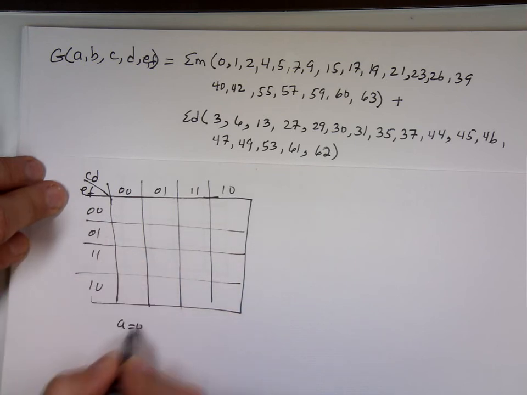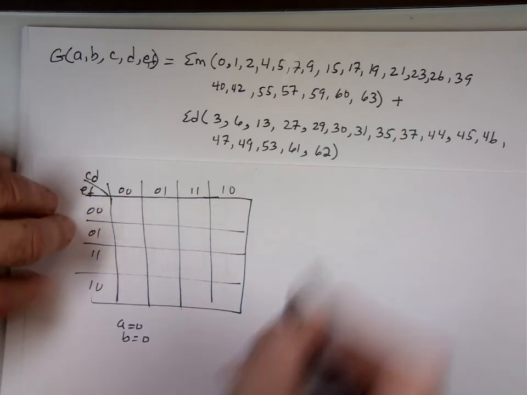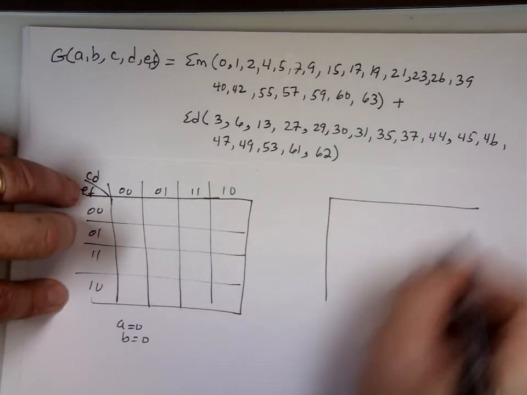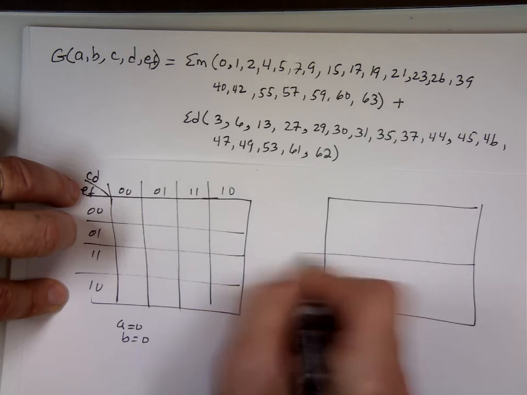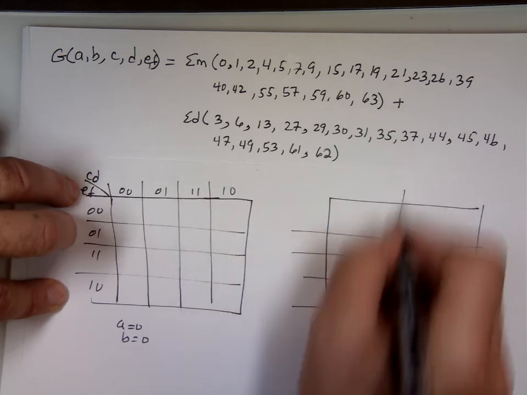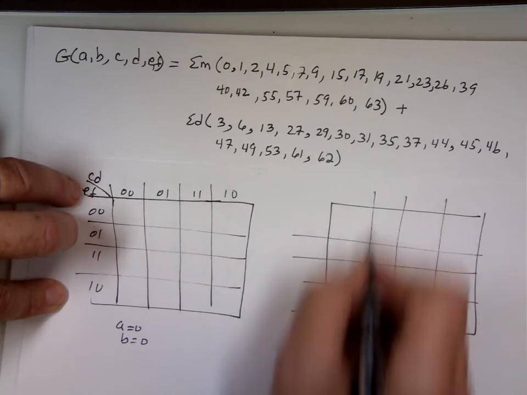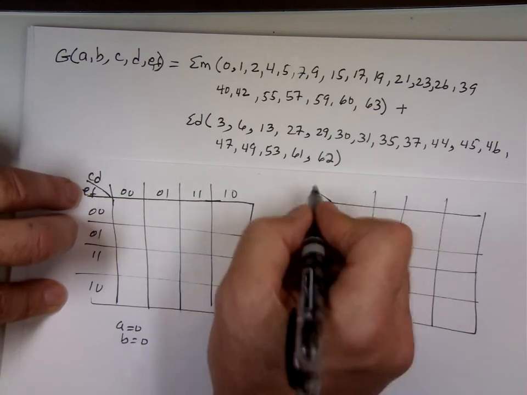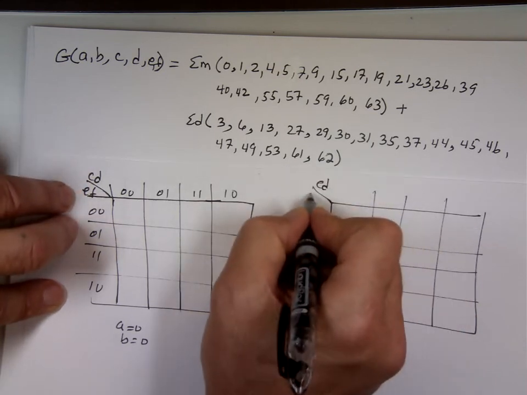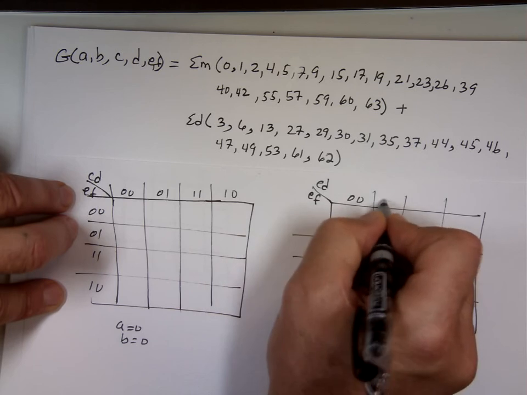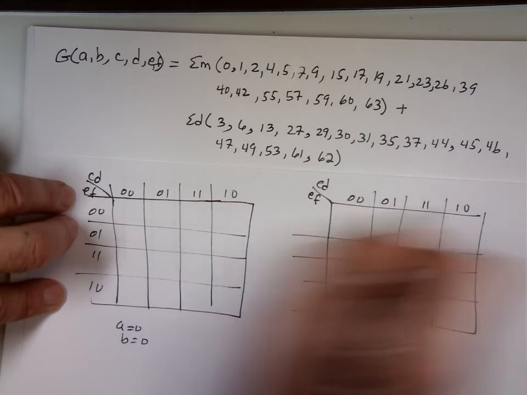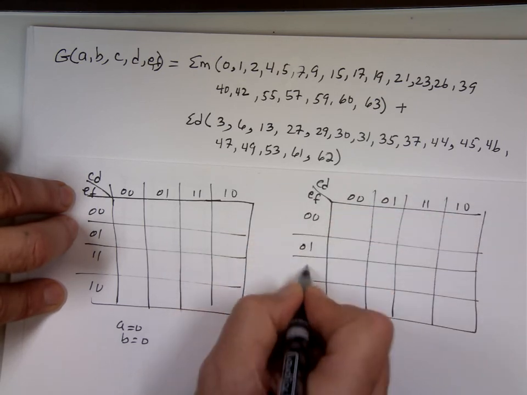Right next to it, C, D, E, F, 0, 0, 0, 1, 1, 1, 1, 0. A equals 0, B equals 1.